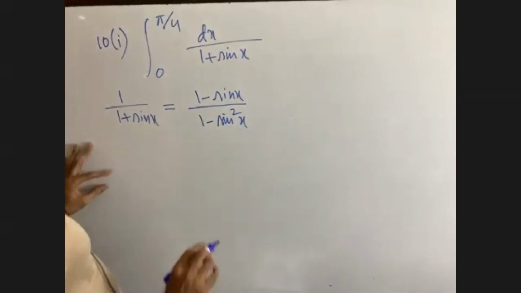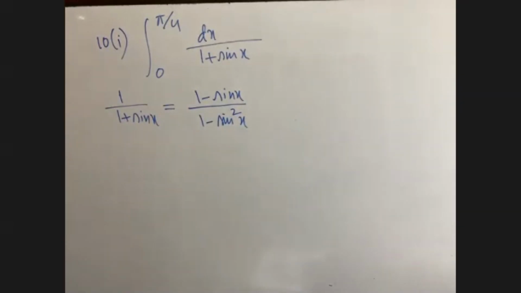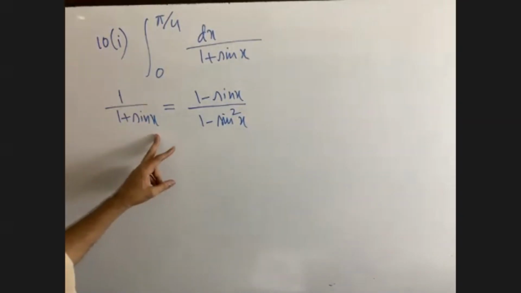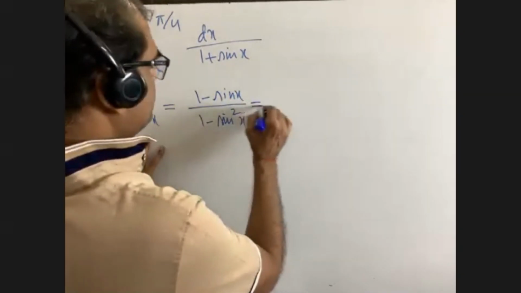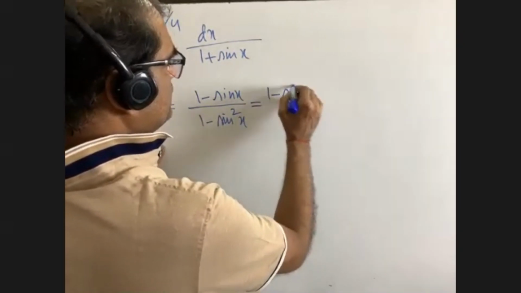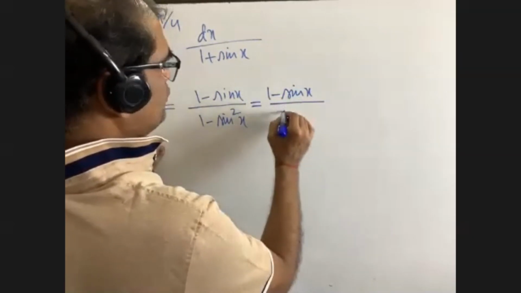I have multiplied both the numerator and denominator by 1 minus sine x. Have you got it or not? Yes, sir. Okay. So actually we are getting here 1 minus sine x by cos square x.